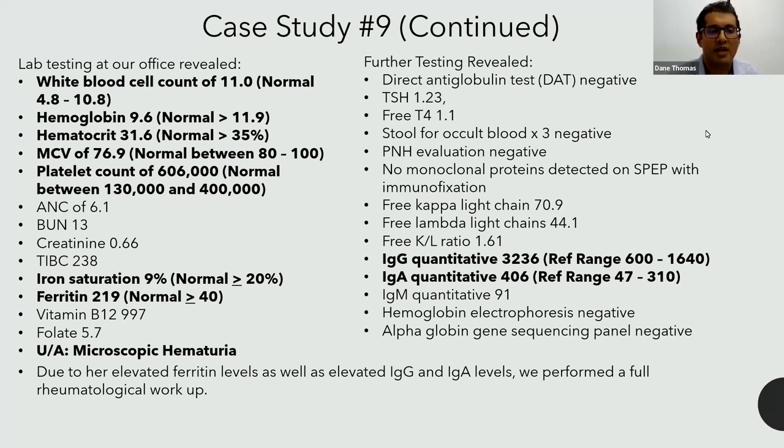We also performed a urinalysis, which revealed microscopic hematuria. At this point, due to her elevated ferritin levels as well as elevated inflammatory markers, we performed further testing, which was largely unremarkable except for elevated IgG and IgA values, which are listed here on the right. Due to her elevated ferritin levels as well as her elevated IgG and IgA levels, we performed a full rheumatological workup.